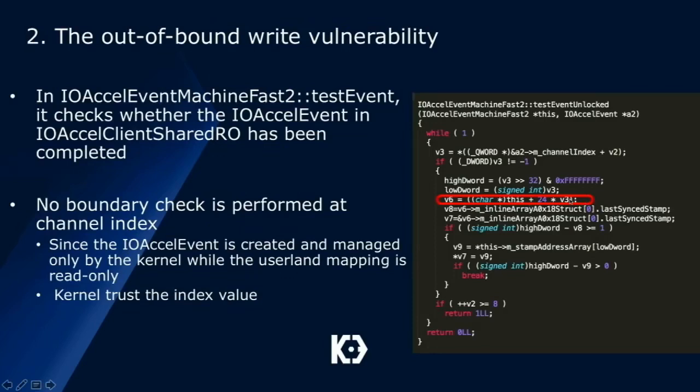So once the index is mutated to a very big value, then of course we will have an out-of-bound read to read out the array of the mstamp address array, read out that value and then write to the m inline array, which is an OOB write.